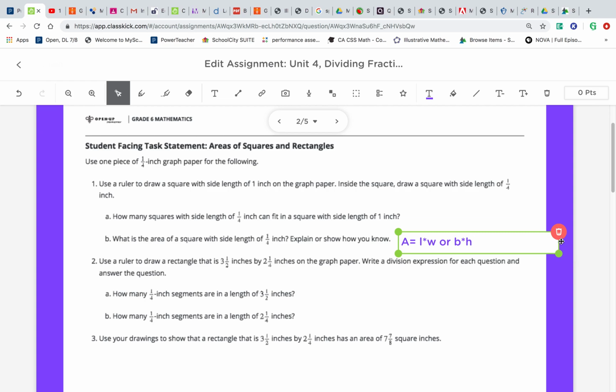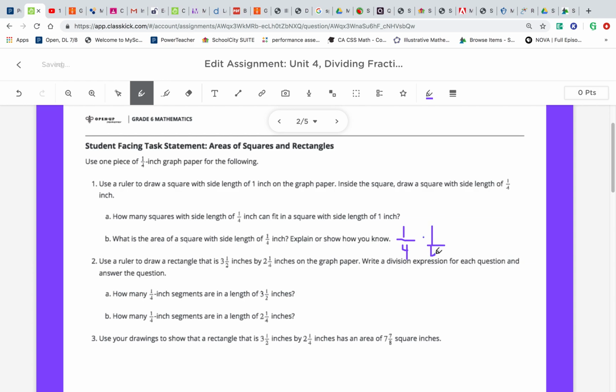So if the sides are 1/4 inch, then you're going to be taking 1/4 and multiplying it times 1/4. Every side is the same, it's a square. So 1/4 times 1/4 is going to equal 1/16. Okay, so that's the area. It's 1/16.